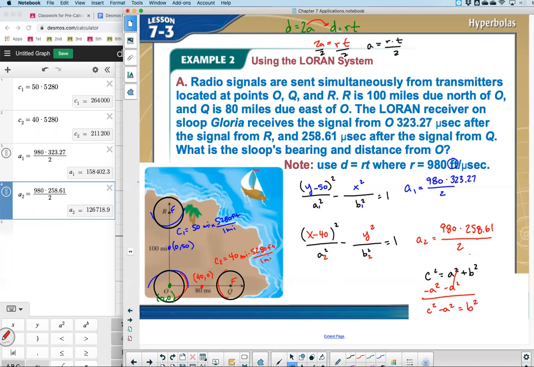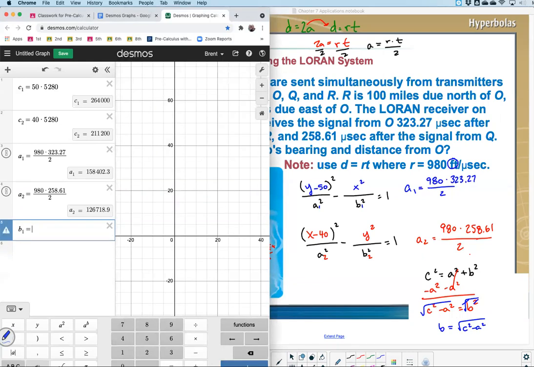But for Desmos, I need to get B by itself, so I'll take the square root of both. Usually we'd add a plus or minus, but because this is distance, it's only going to be the positive. B will equal the square root of C squared minus A squared. For both of these formulas, this will be the same. So I'm going to type in B1 will equal the square root of C1 squared minus A1 squared. There's the value for B1.